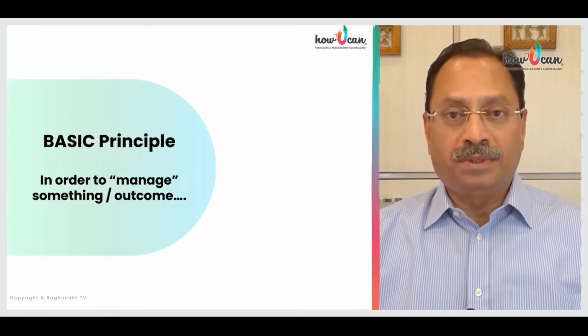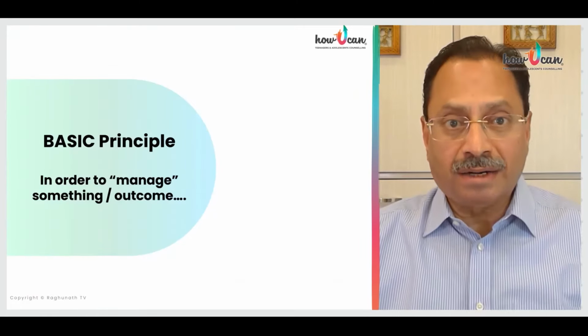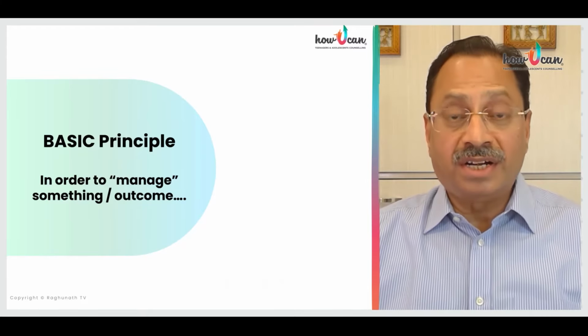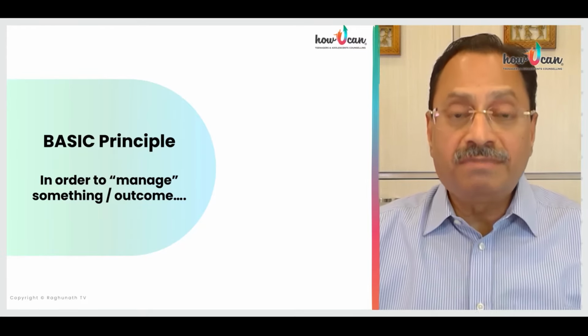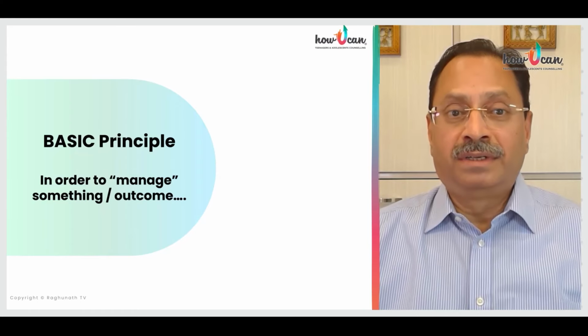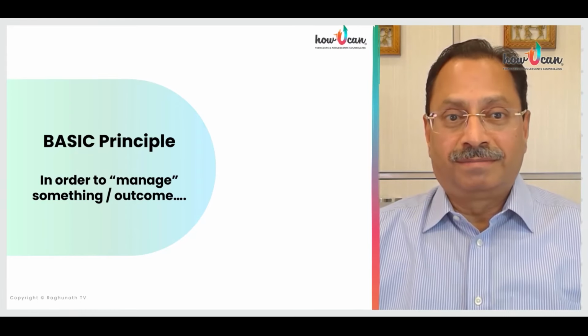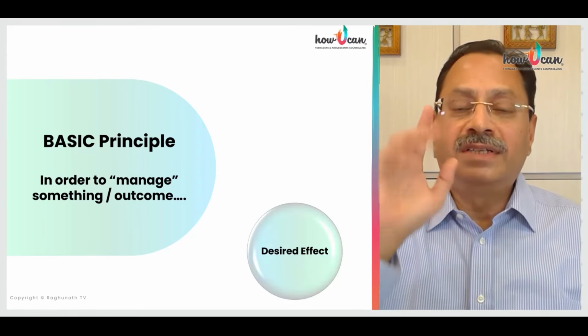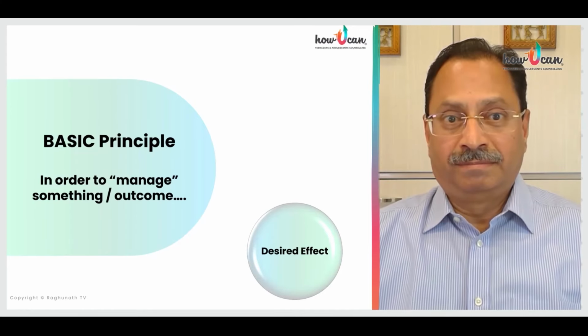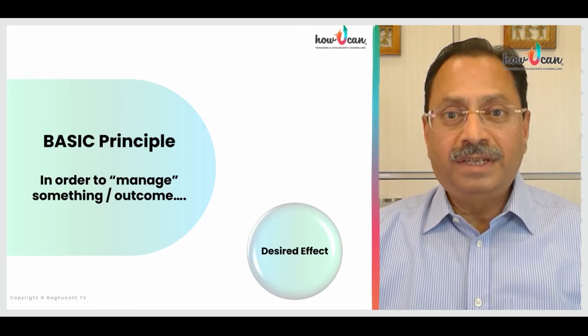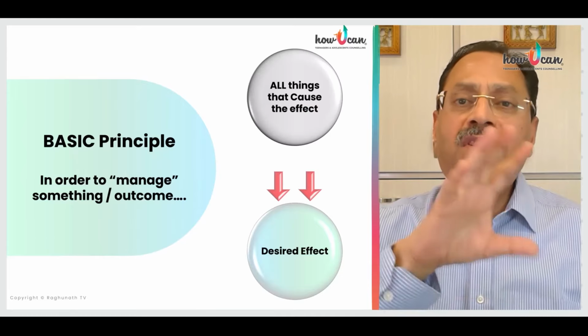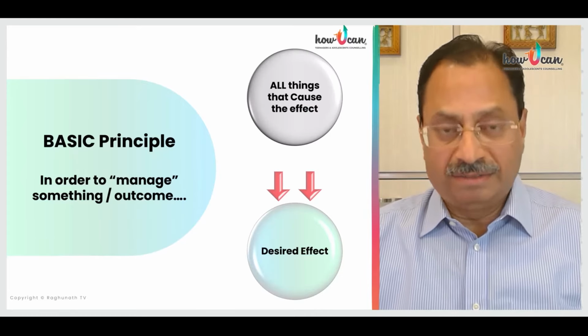The basic principle as we use this Ishikawa diagram, the fishbone diagram for our studies, for learning, how does this fit into the time management concept, is this. If there is a desired effect, sit down and identify all things that can cause the effect.